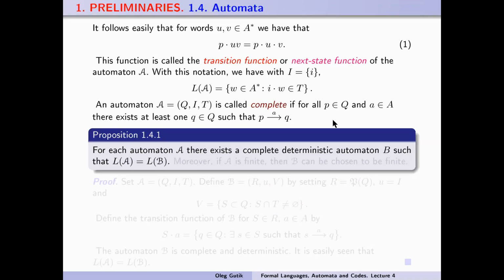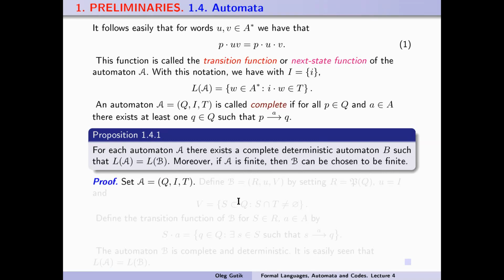So the following very nice statement shows that for each automaton A capital there exists a complete deterministic automaton B such that the set of recognized words of automaton A coincides with the set of all recognized words of automaton B. Moreover, if the automaton A is finite, then the automaton B can be chosen to be finite.